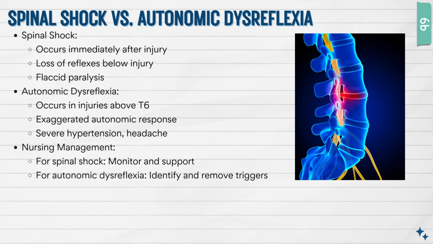So if somebody has paralysis, and let's just say their injury is at T2, T3 or whatever, and they get a bladder infection or a bladder distension. It could even just be that their bladder is full, because patients that are paralyzed have to do self-cath.